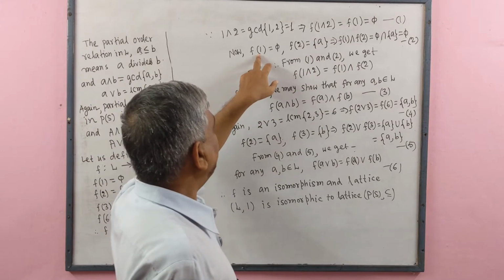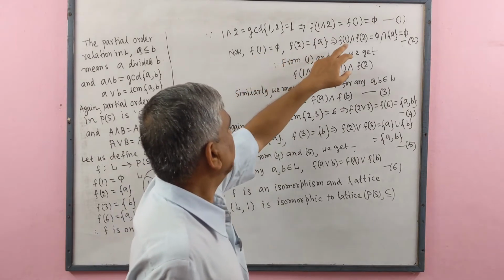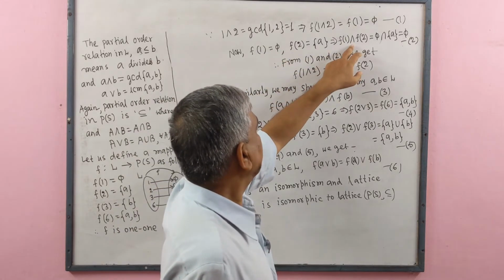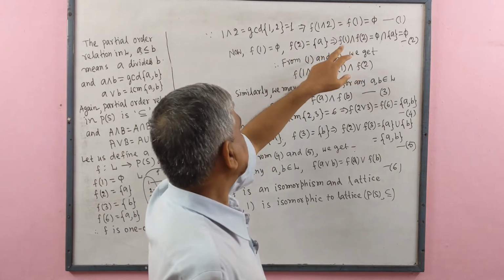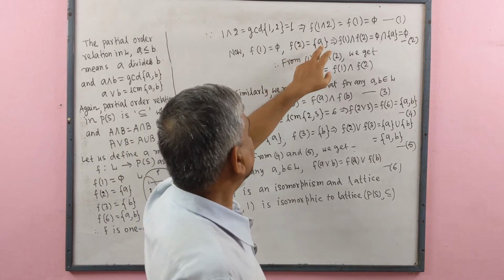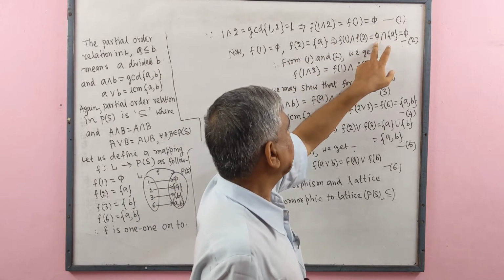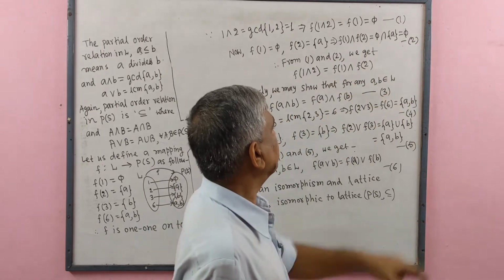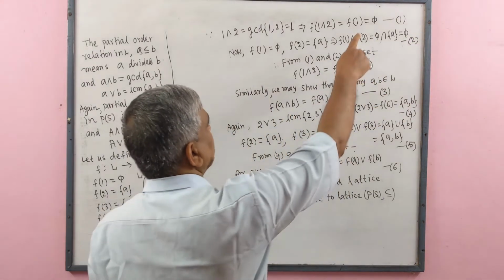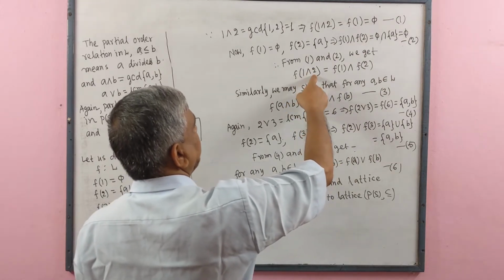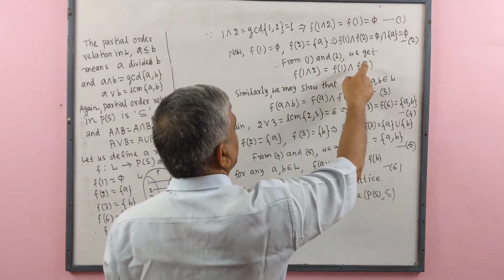Now f(1) meet f(2) equals phi, here meet means intersection. Phi intersect the set containing element a, and the intersection is phi. This is number 2. From 1 and 2 we get f(1 meet 2) equals f(1) meet f(2).